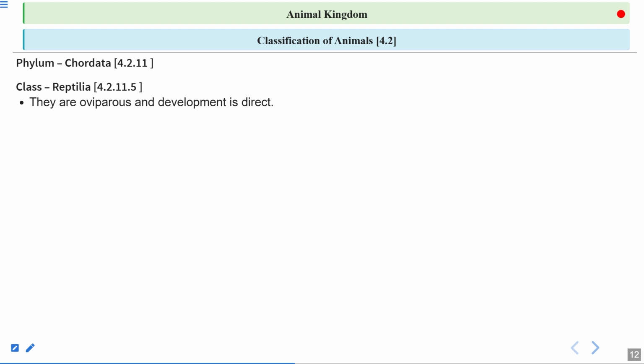So it is not like a larva. Larva doesn't look the same as the adult form. But here the development is direct, meaning the young ones look the same as the adult.